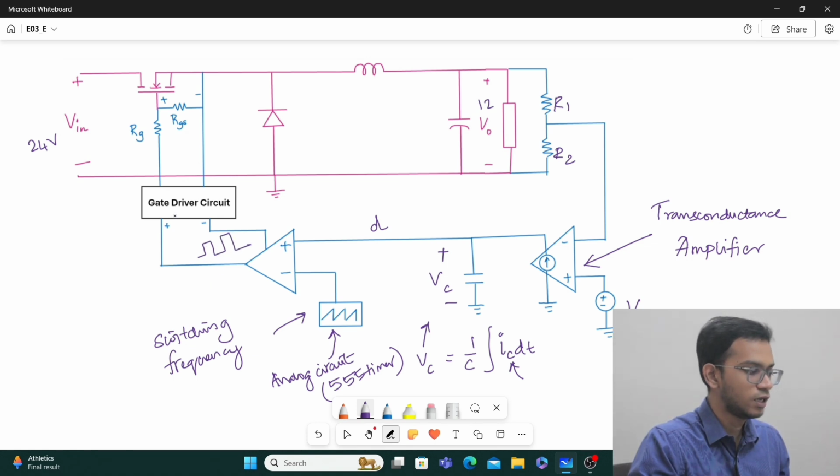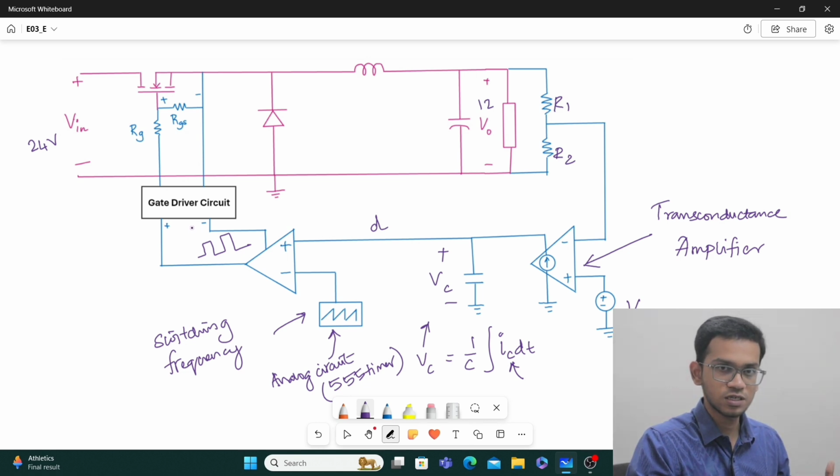This PWM will be fed to the gate driver circuit. A gate driver circuit is necessary for driving this switch with appropriate voltage and current, because all the ones I have drawn in blue color are signal level. They may or may not be sufficient to drive this switch. And when I am driving a high side switch, I obviously need some technique in between to drive the switch.